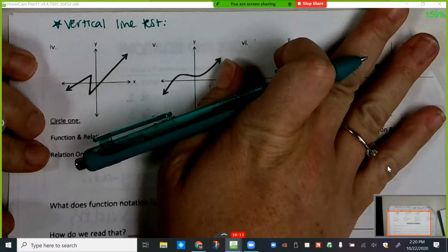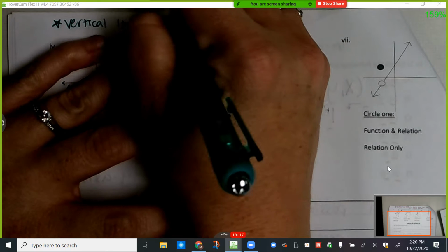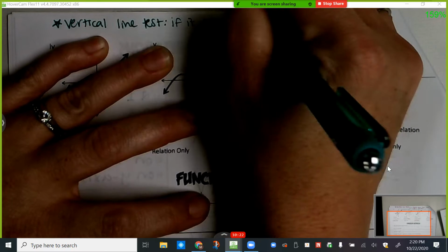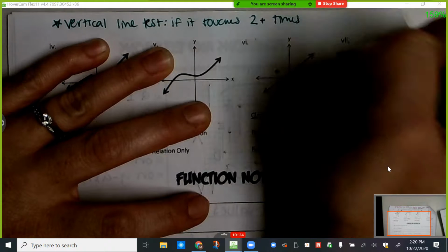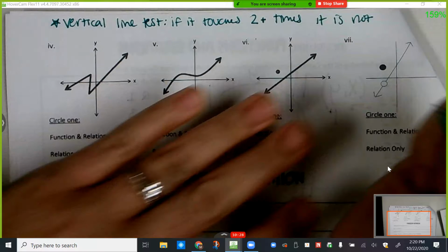Okay, so I want you to realize when you draw a vertical line, if it touches 2 or more times, it is not a function.